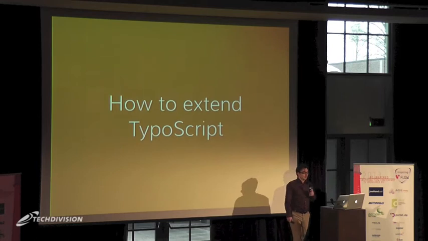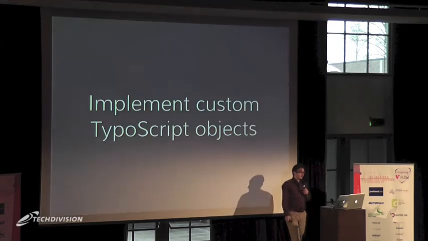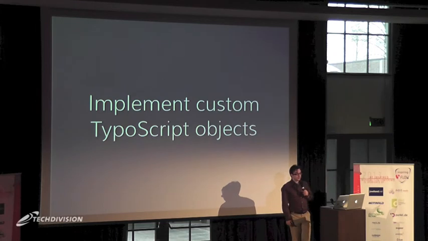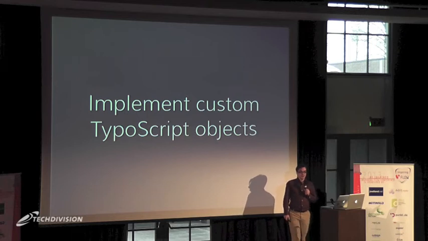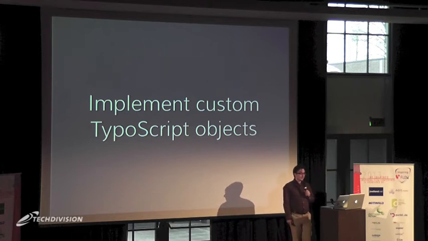So what can you do with TypoScript besides the default implementation stuff that we offer you? First of all, you can implement custom TypoScript objects, something that is very difficult in TYPO3 CMS. If you want to add a new TypoScript object, it's never a first-class citizen anyway, and it's complicated.